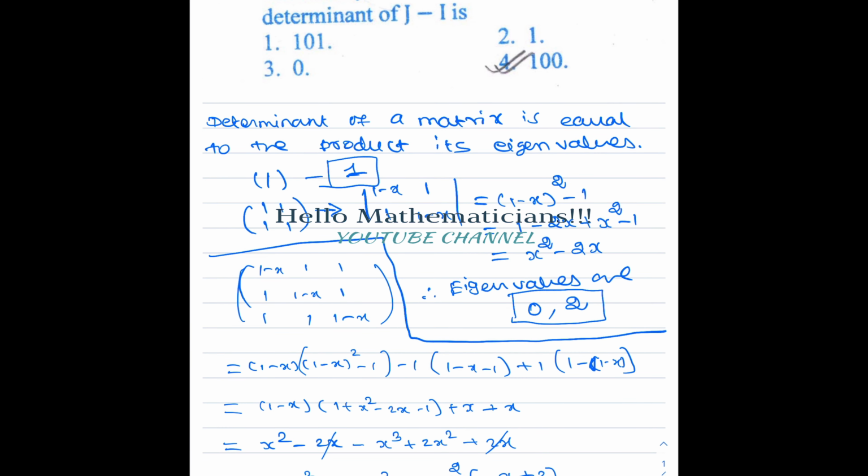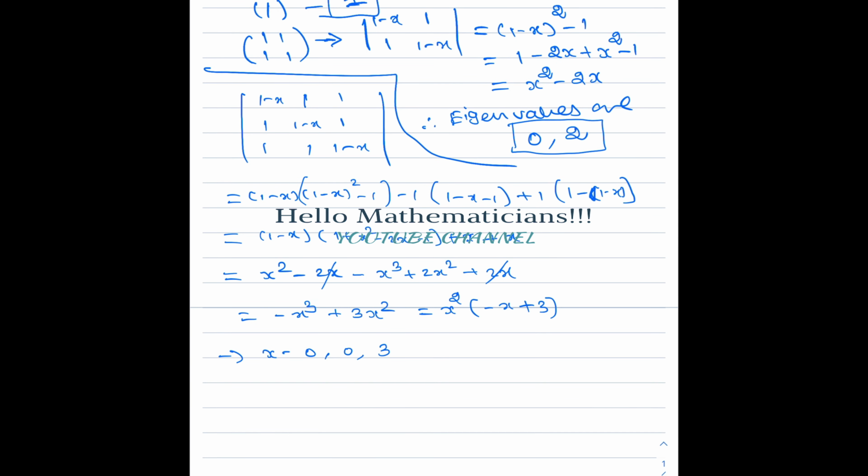In the case of 3 by 3, we have to calculate this determinant. It is the all one matrix, and in the diagonal I have subtracted x. If we expand this determinant, we get x squared times (minus x plus 3).